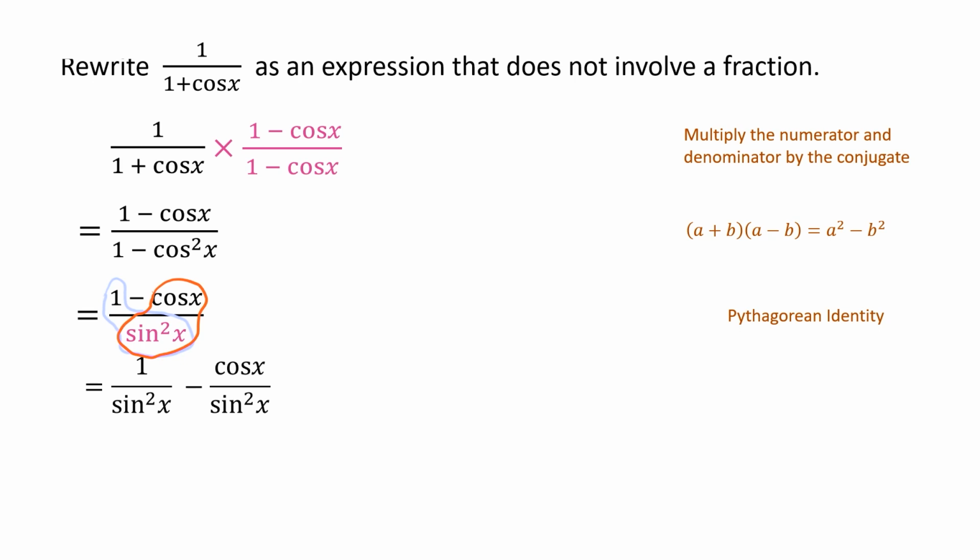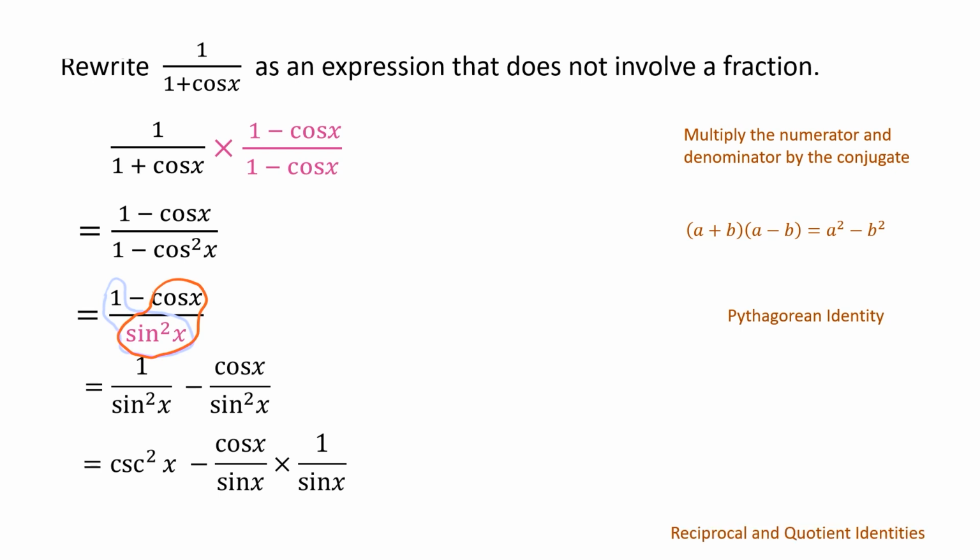Now, 1 over sine square x can be written as cosecant square x, which I have here, and cos x over sine square x I have written in this manner. That means I've just written sine square x as the product of sine x and sine x. Now, why did I do this?